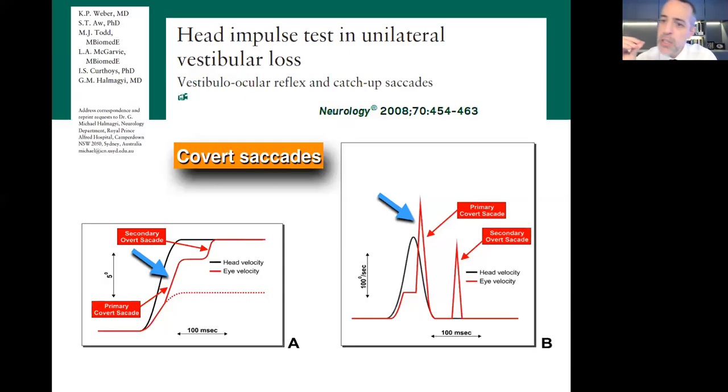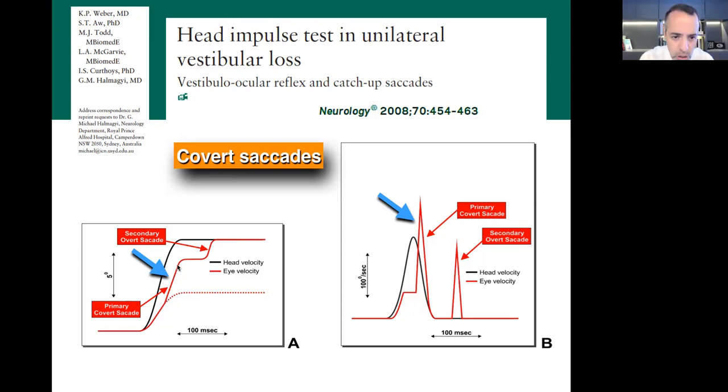But back in 2008, when Professor Halmagyi and Curthoys were developing the video head impulse system, they realized that we have another kind of saccades that we call covert saccades. And what are covert saccades? A covert saccade is a saccade that is triggered while you are moving your head. So your head is moving here, your eyes are moving here, your eye stops, and your brainstem recognizes that it's not matching.